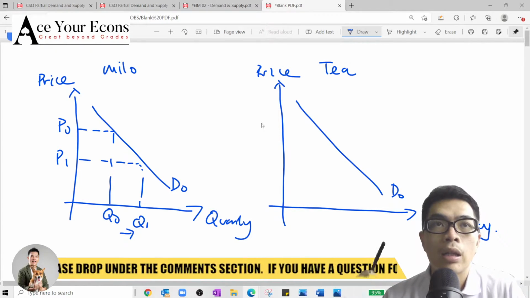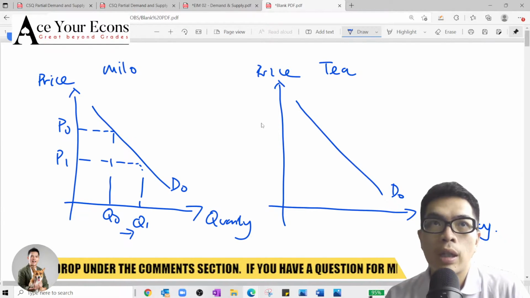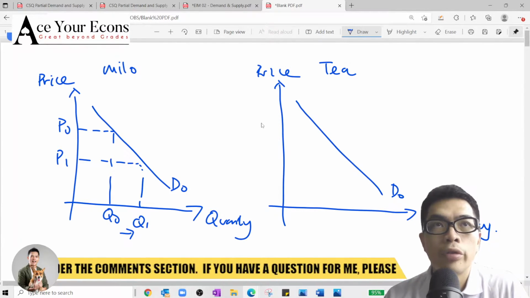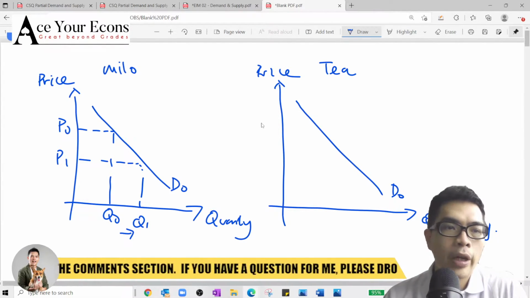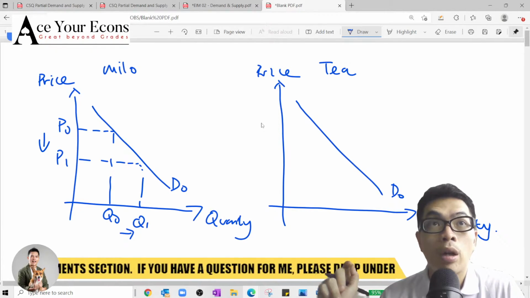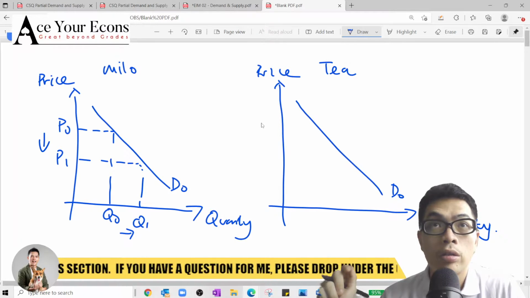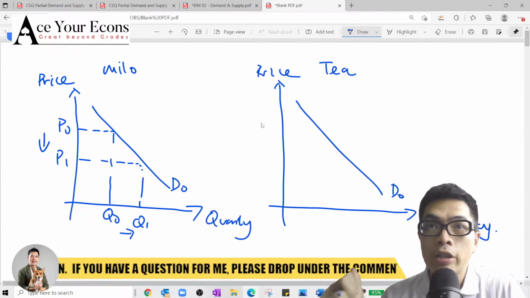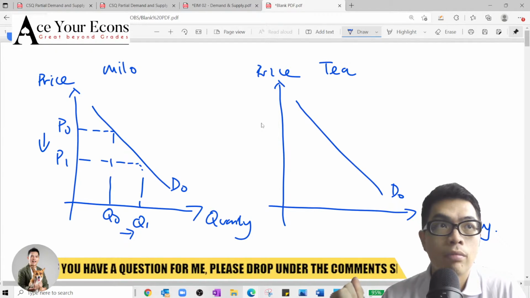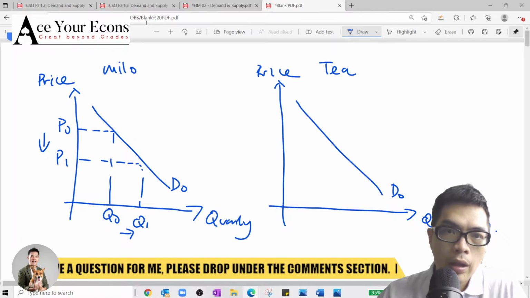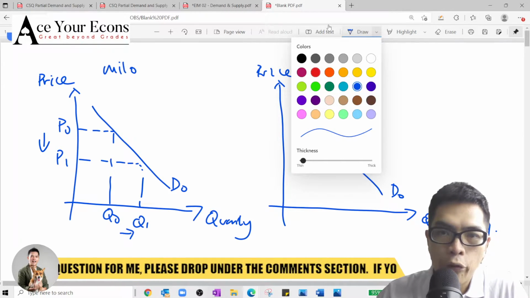If you are a consumer, you have the choice of consuming both, but there is a fall in price of Milo. So obviously you are going to consume more Milo and consume less tea. But are there changes in tea prices? So for tea, it will be a leftward shift.